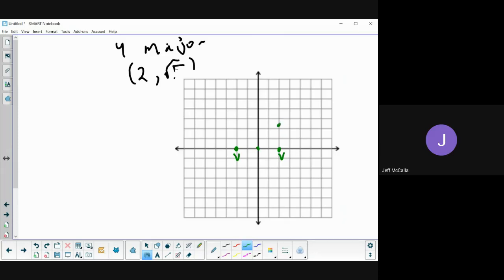So somewhere right up here-ish, there's a point 2 comma root 5. I mean, even just logically, an ellipse would have to look something roughly like this, right? Like it could go a little higher or a little lower, but it's got to have that look to it. Ellipse doesn't really go straight up. It goes up and to the left as it goes that way. There's really no way for it to include that point, is there?